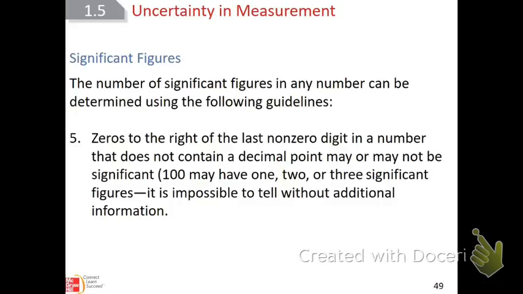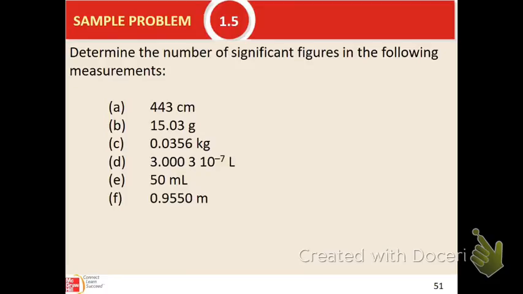At the bottom it says, what about 443? How many sig figs would that have? 443, there are no zeros in there, so we don't have to worry about that. Since 443 centimeters has no zeros, all 3 of those would be significant. So we would say that has 3 significant digits, or 3 significant figures.